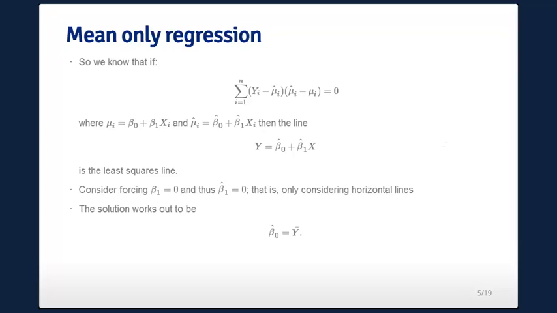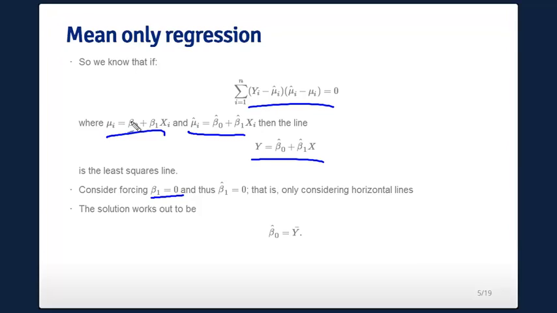Just to recap here, if this criteria is met, where mu i is this and mu i hat is the fitted values, then the regression line y equals beta naught hat plus beta 1 hat x, that line is the least squares line. If we force beta 1 to be 0, then we only have the one parameter, beta naught.